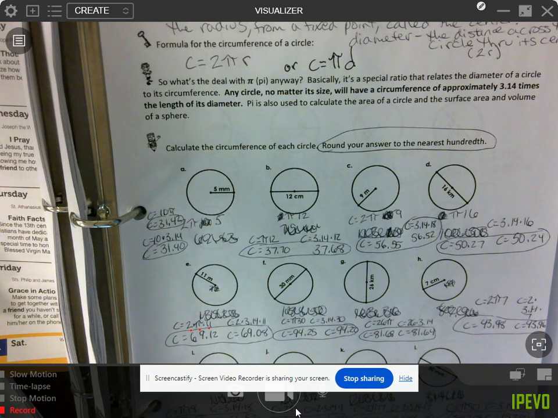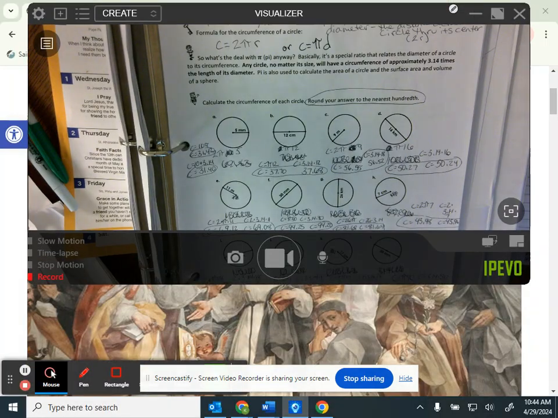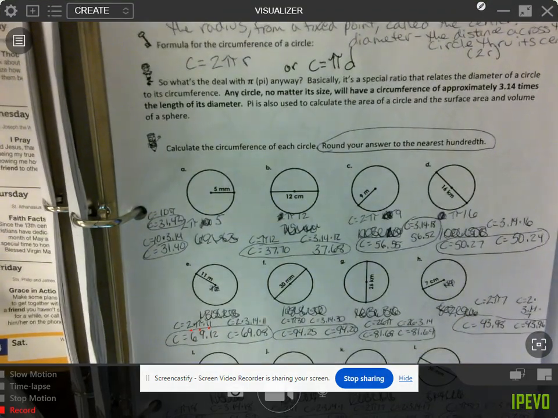Do you have pi times diameter? Remember how we talked about pi times diameter last week. So you have to look: do I have the radius, it's halfway, or am I given the diameter? That tells me which formula I'm going to use. So you're always going to multiply by pi, and then you have to decide, do I also have to multiply by 2 if it's a radius?